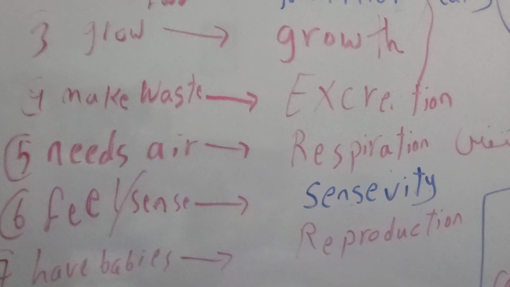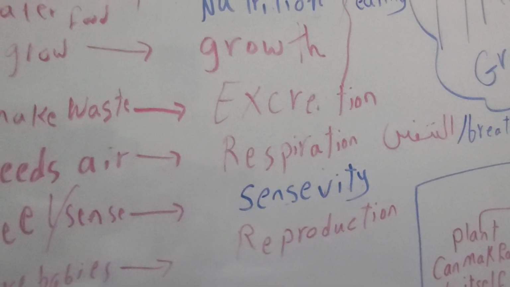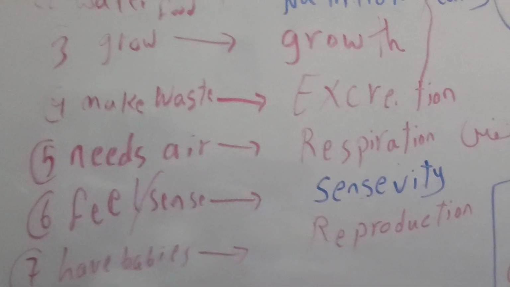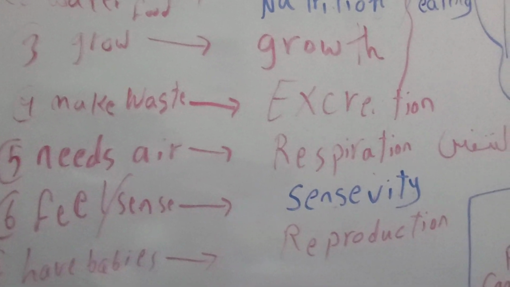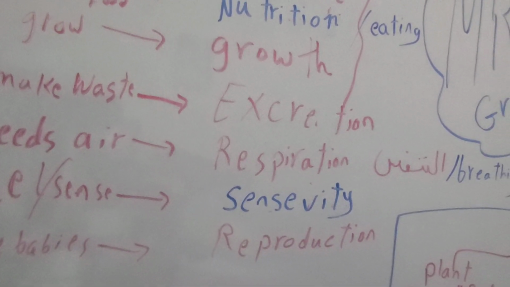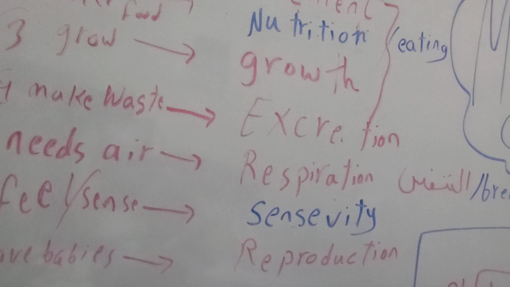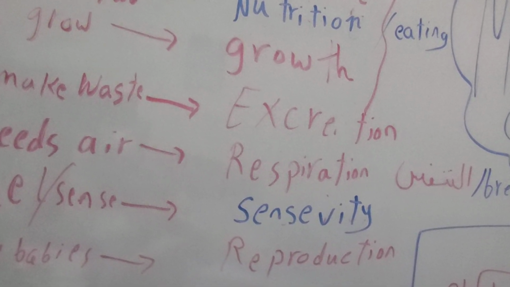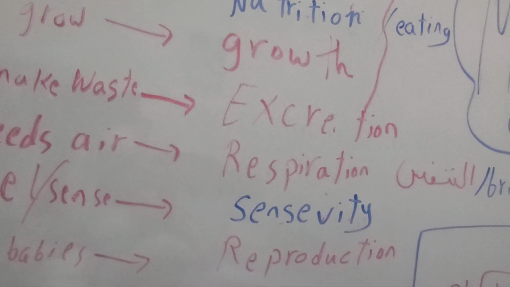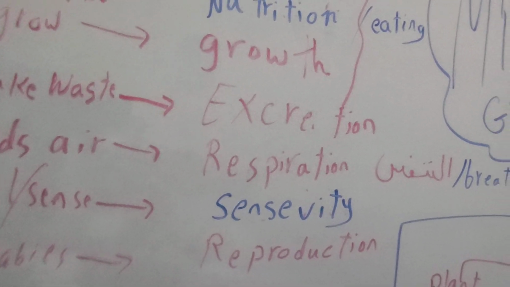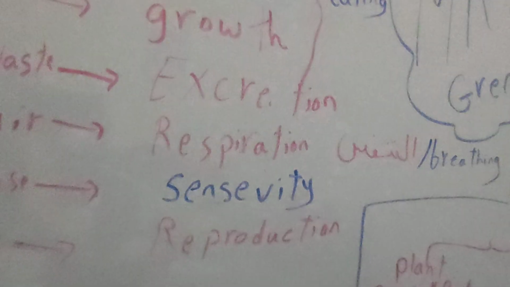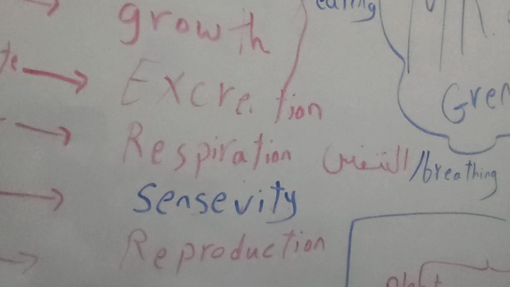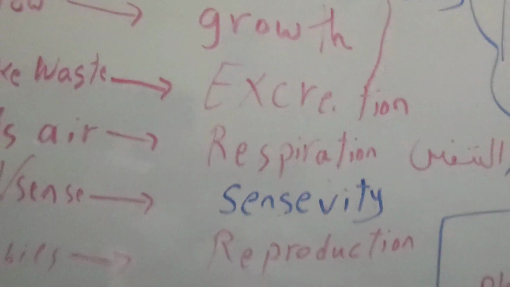And of course, in the summer you feel hot, while in the winter you feel cold. This is called sense. When you touch a hot cup of tea, you get burned. It's hot. How can you feel this? By the life process called sensitivity.